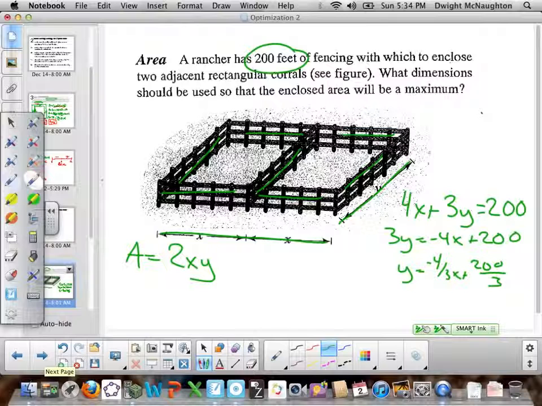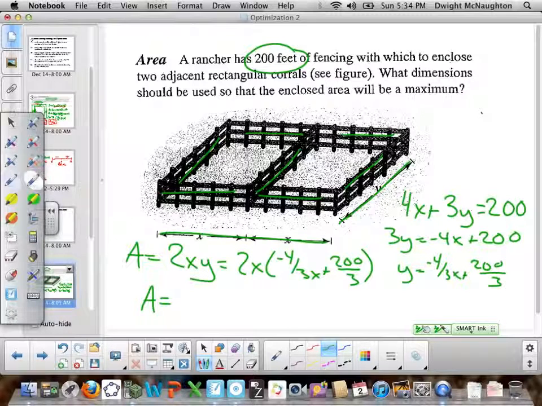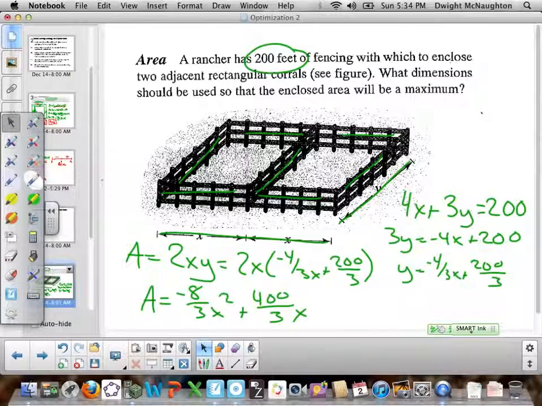And we'll substitute that in. Area equals 2x times negative 4 thirds x plus 200 thirds. I'm going to do a little distribution. A equals negative 8 thirds x squared plus 400 thirds x.